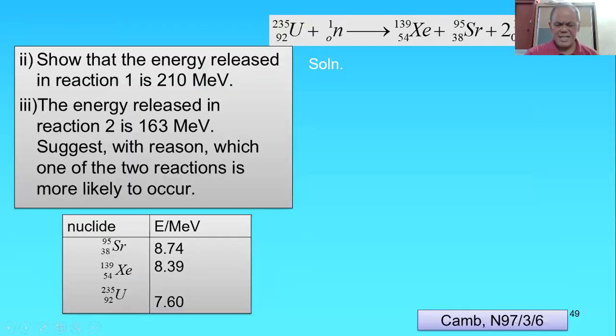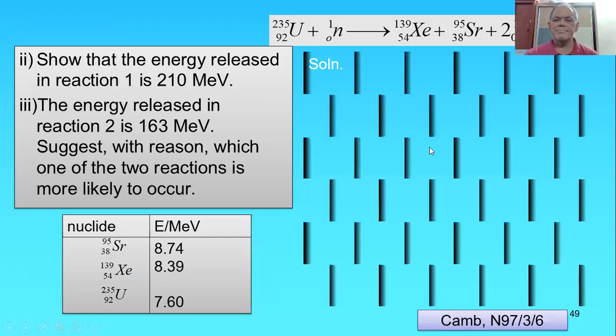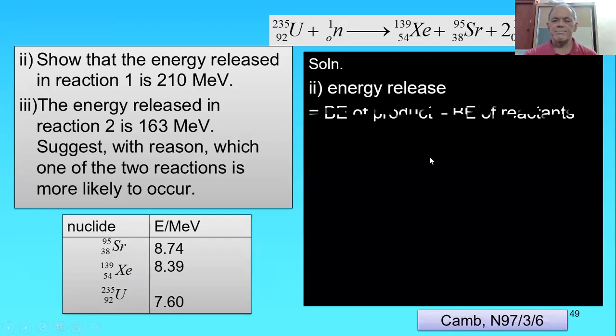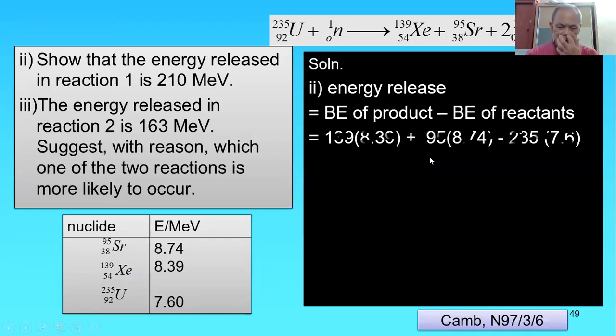Show that the energy released in reaction 1 is 210. Okay. Energy released is binding energy of product minus binding energy of reactant. Product: 139 times that one, right? 839.